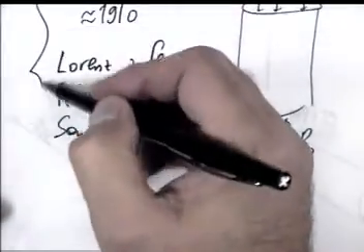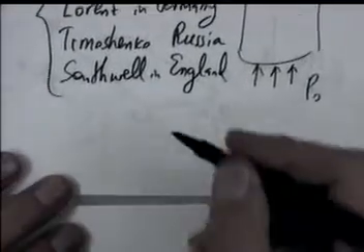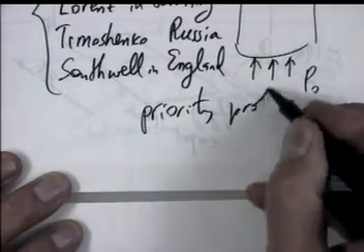And since then, of course, Germans say that they were the first, and Russians say that they were the first, and English say that they were the first. And there is this priority problem. Okay? But the most unfortunate situation is as follows.